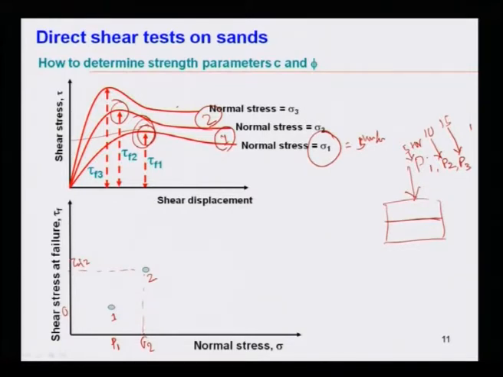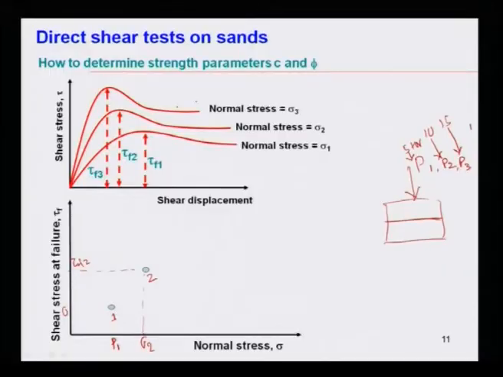With the normal stress from P3, you will get the respective shear displacement and shear stress, then plot shear stress versus shear displacement. From there you will find your tau f3, this is your failure. You find the shear stress at failure from the peak, tau f3.